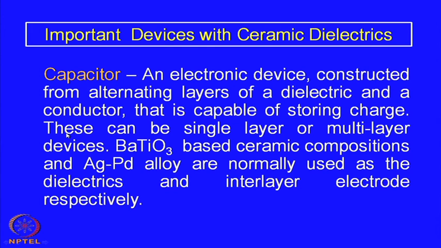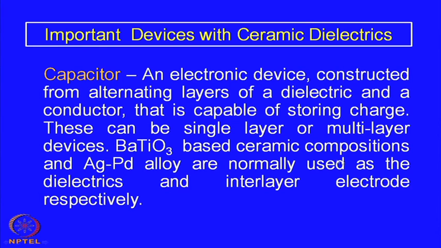So, a dielectric is sandwiched between two conductors, and that is a capacitor, capable of storing charge. One of the major purposes of a capacitor is to store electrical charge for certain circuits or certain purposes. These can be single layer or multi-layer devices.